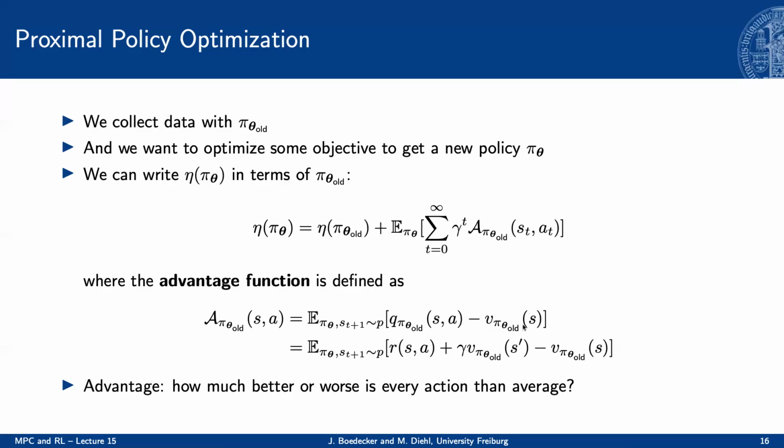Remember, the V and the Q for a given policy are related by taking the expectation with respect to all the action probabilities of your policy. So, on average, how much better would be your A that you're evaluating with respect to the average that you would take in that state? That's why it's called the advantage.